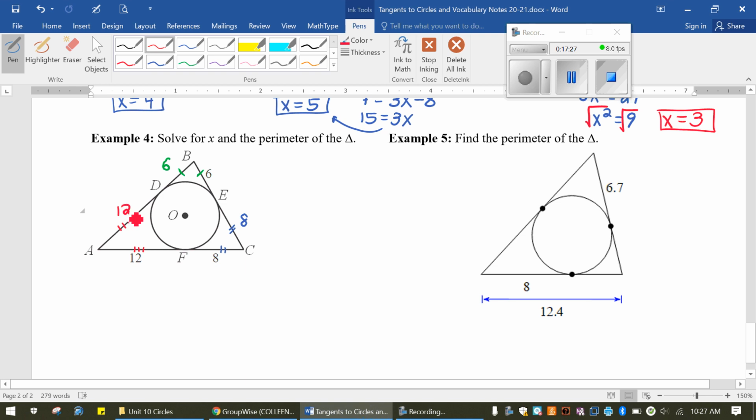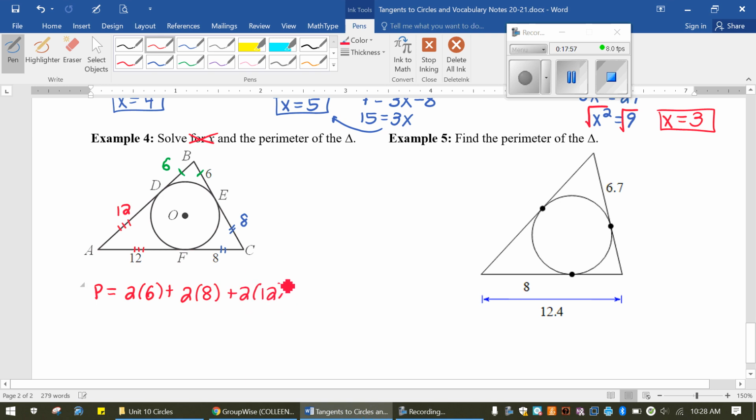So when example number 4 asks me to solve for the perimeter of the triangle, we're going to cross this off for X. We're going to solve for the perimeter of the triangle. The perimeter means that I want the distance all the way around. The perimeter is 2 6s, 2 8s, and 2 12s.